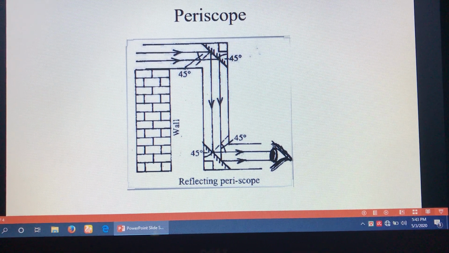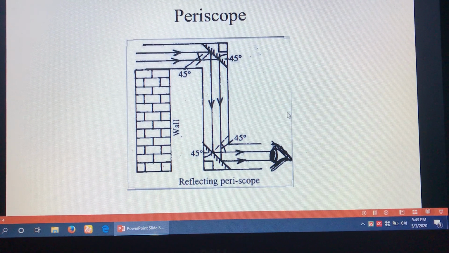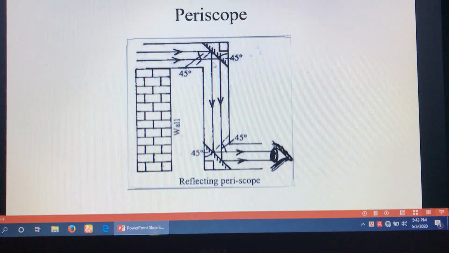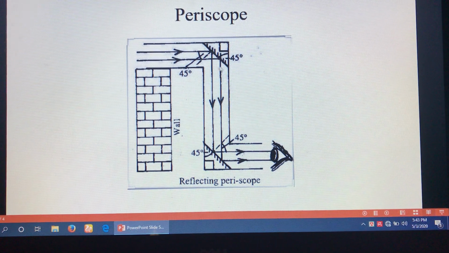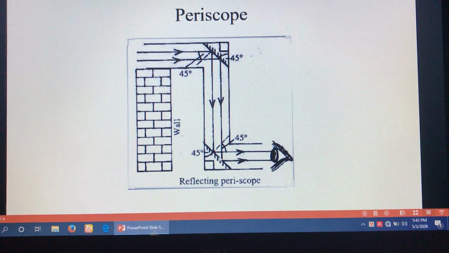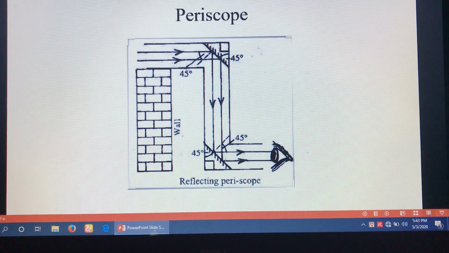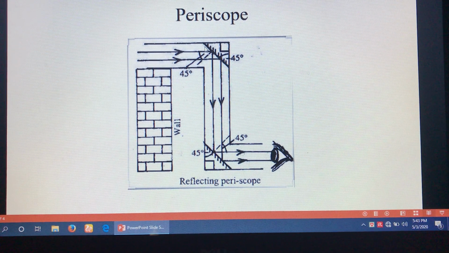This is the first plane mirror and this is the second plane mirror. How are these plane mirrors placed?